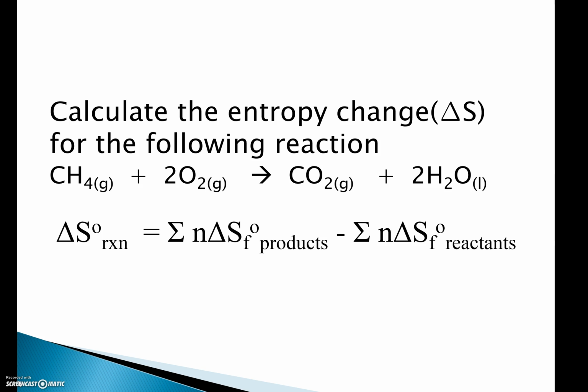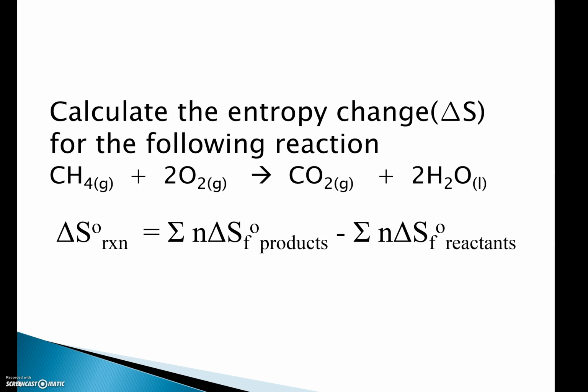We're going to take the sum of the entropies of our products minus the sum of the entropies for our reactants. Again, the values on the table this time are in terms of joules per Kelvin mole. We're going to have to multiply the values by the coefficient in the balanced equation. And also, entropy is a temperature dependent value.